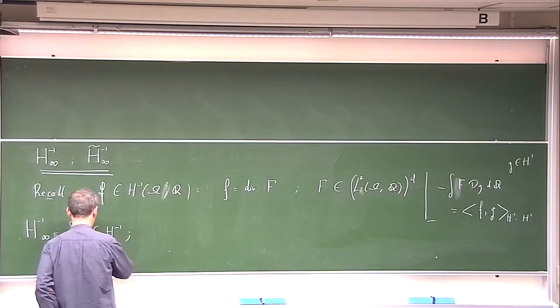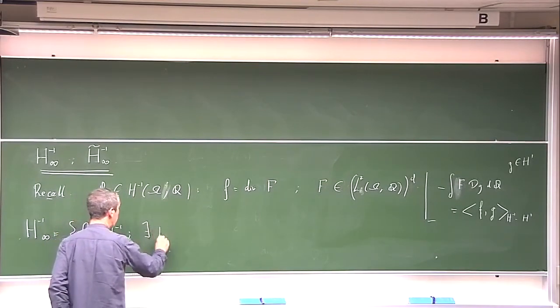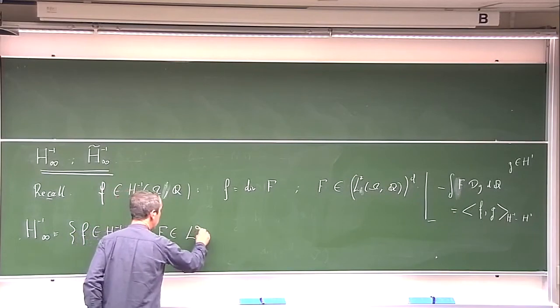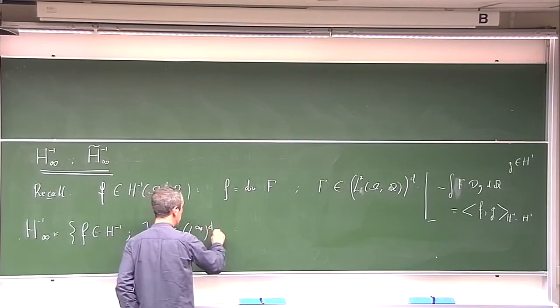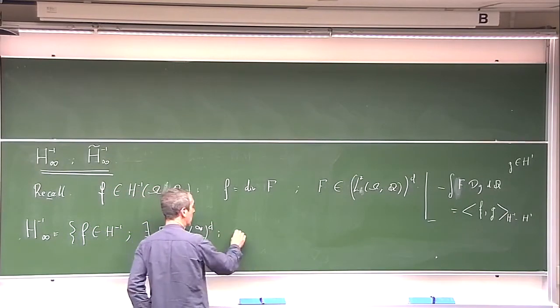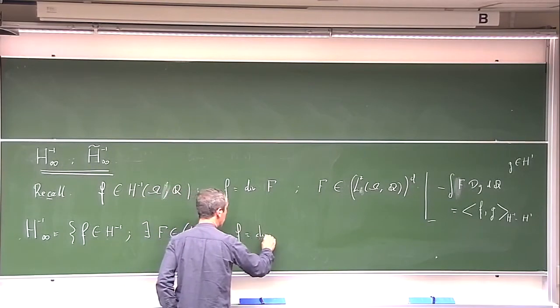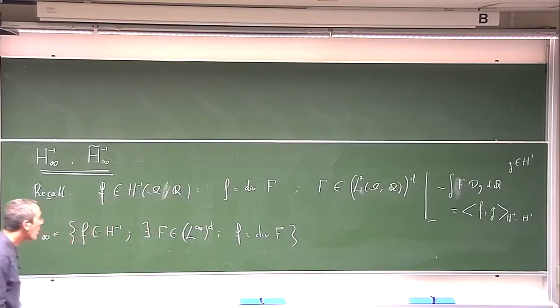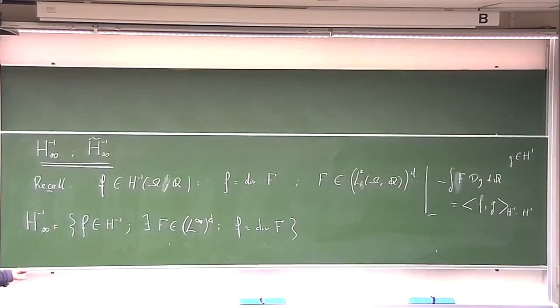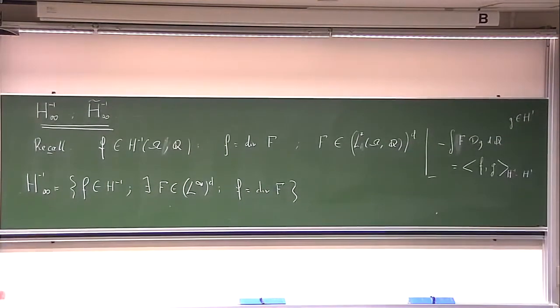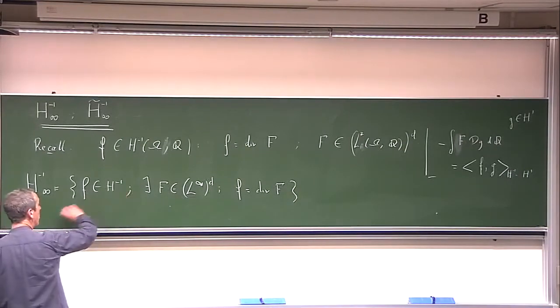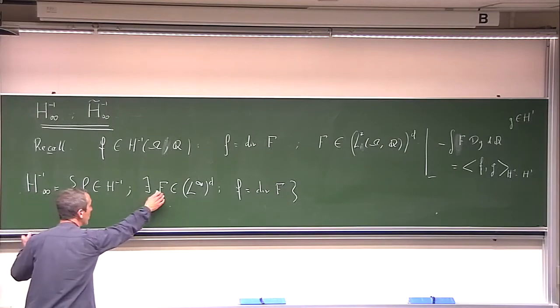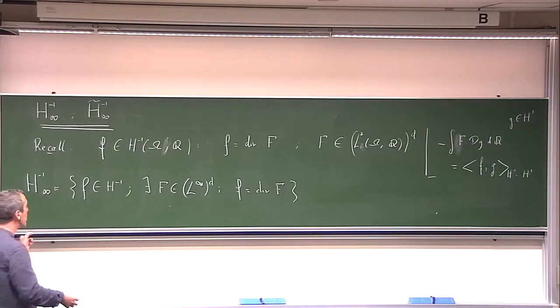So this is a set of small f such that there exists a big F, but now in L infinity to the power d, such that small f is the divergence of big F. Now you can put a norm on that space by looking at the L infinity norm of big F, and you minimize.